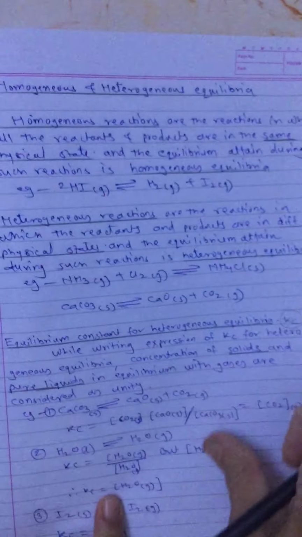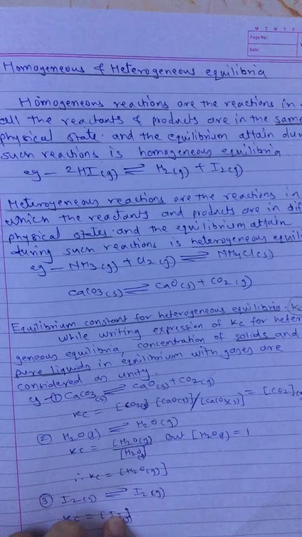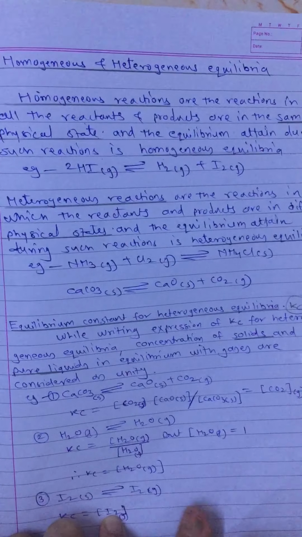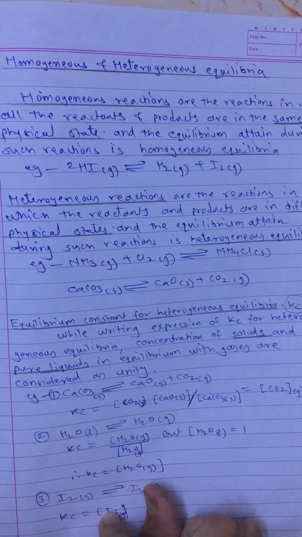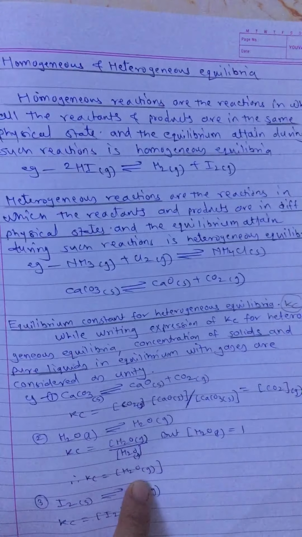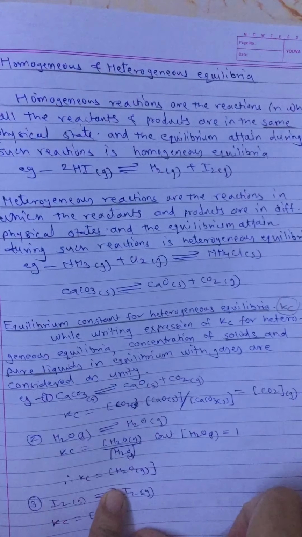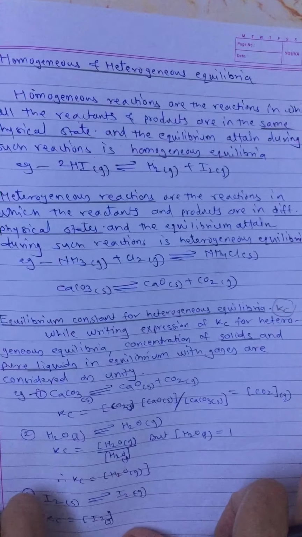Now see, the next topic is homogeneous and heterogeneous equilibria. So first of all, you should know what is the meaning of homogeneous and heterogeneous reactions. Homogeneous reactions are the reactions in which all the reactants and products are in the same physical state.